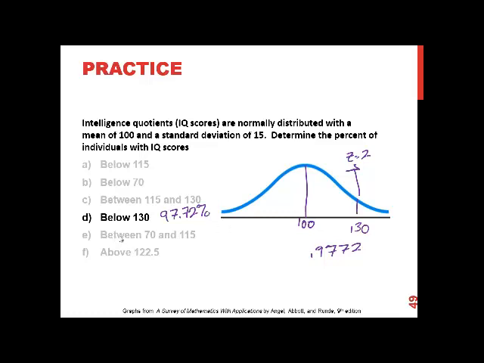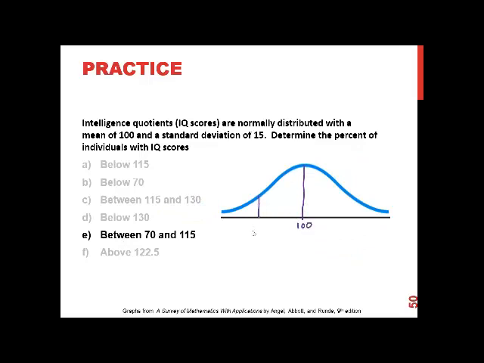Between 70 and 115. 70 was a negative 2 z-score. 115 was a positive 1 z-score. So we'll take our value for positive 1, and that was 0.8413.